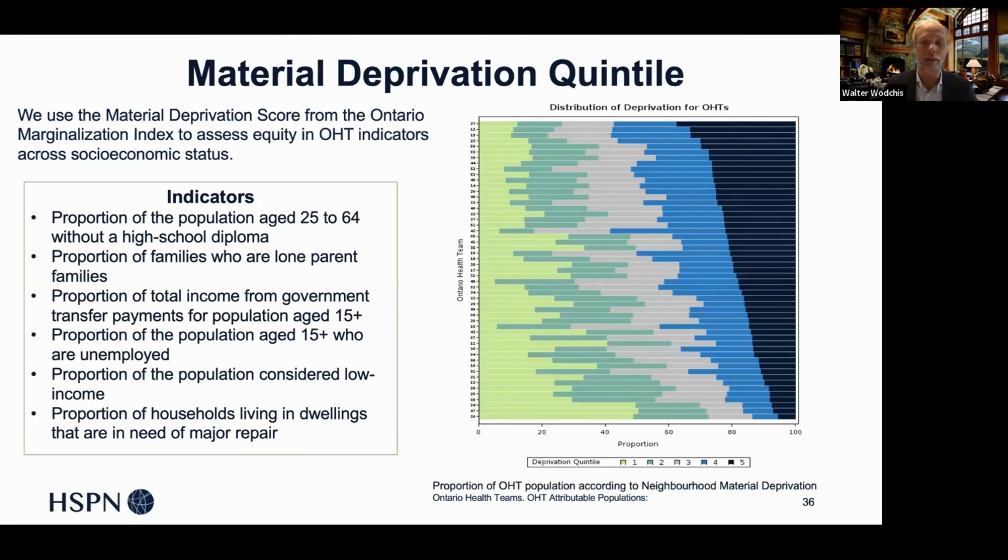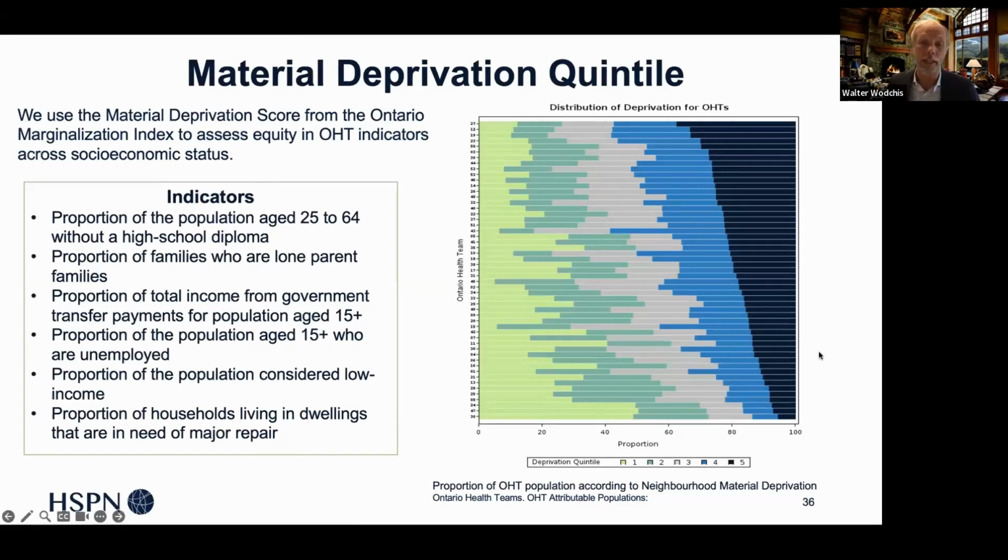The dark blue represents the proportion of the population living in areas that have the highest deprivation. So you actually see quite a bit of variation, going from almost 40% of the population in one OHT in the most deprived area to that being less than 10%. Quite a bit of variation as we look across the Ontario health teams in material deprivation.